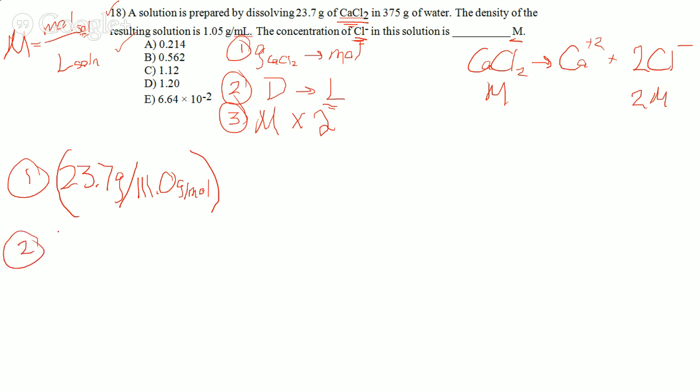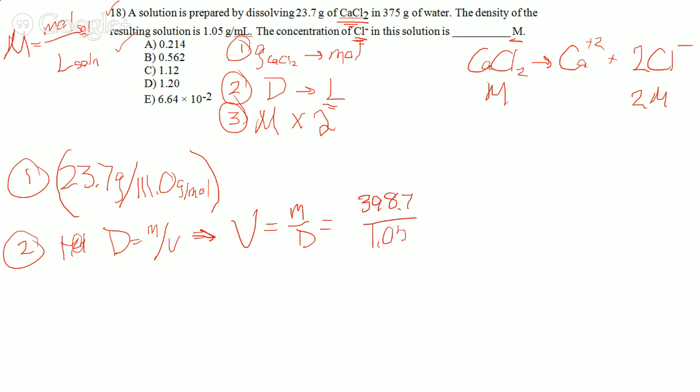Step 2, density, 1.05. Let's just rearrange the density equation. Mass over volume, and we're solving for volume, so volume equals mass over density. So you get a total mass of 398.7, divided by the density of 1.05.